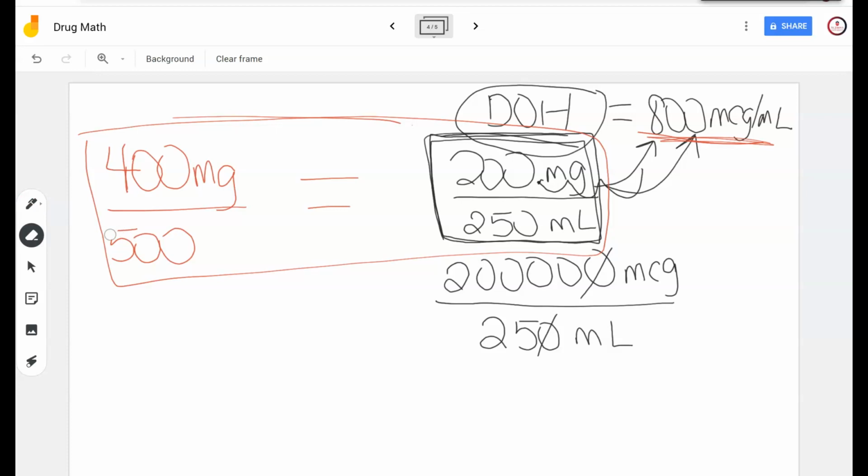Now, if I say, oh shoot, I don't have a 500 milliliter bag with me today, I only have a 250 milliliter bag, it's no longer equivalent, right? Is this more concentrated or less concentrated than this one? More. By how much? Half or double? Double, right?